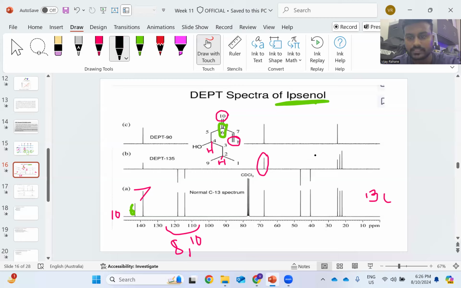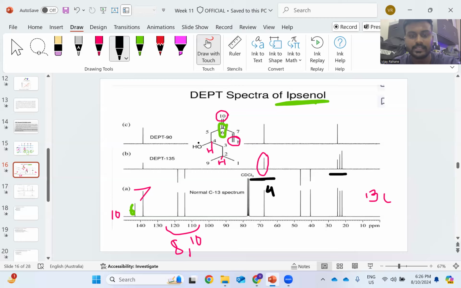Here there are three signals near 20 ppm, all three in the positive direction, so it indicates they might be CH or CH3. But among these CH, it is the CH attached to the electron withdrawing group, because this one is around 68. So definitely this CH is carbon number 4.